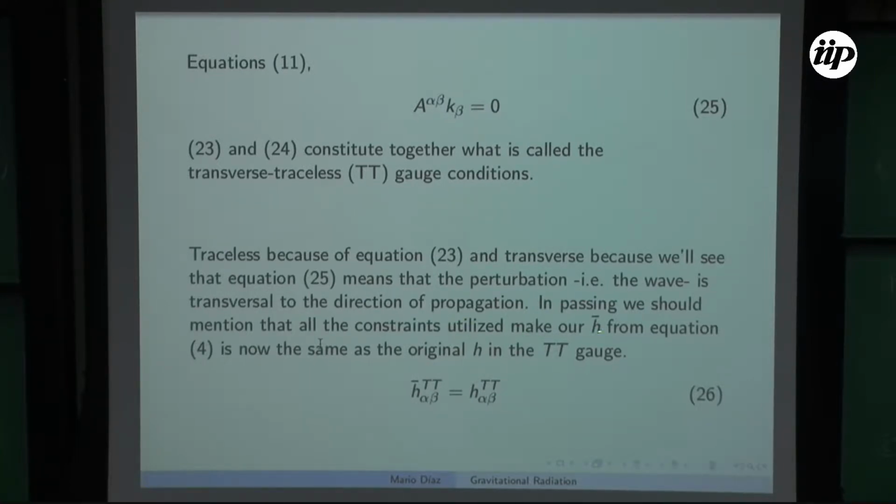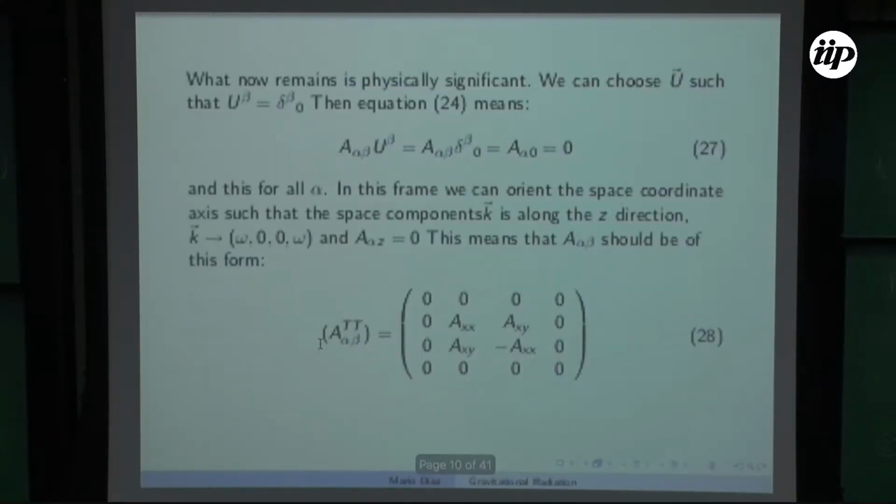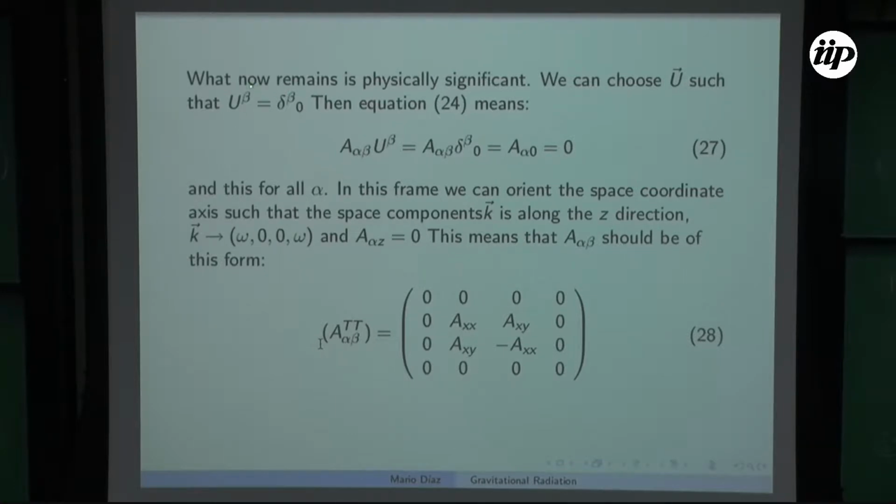So all the constraints that we use for our H equation are now the same as for H bar, the original H, and we can write it in this way, because this is what we achieve in this transverse traceless gauge. And what remains now is physically significant.